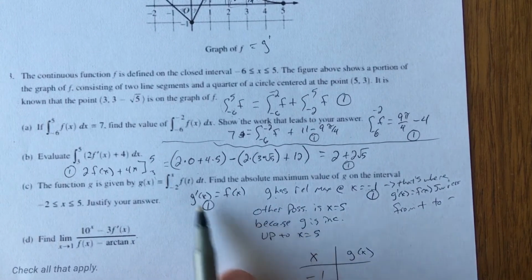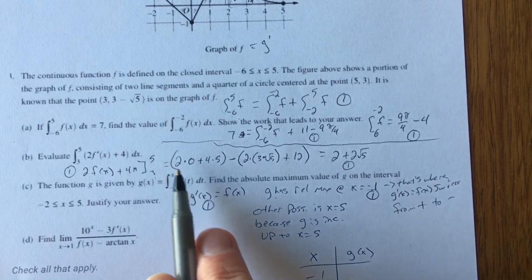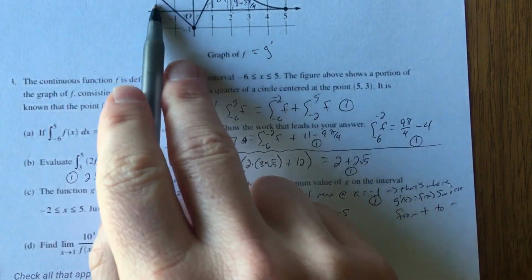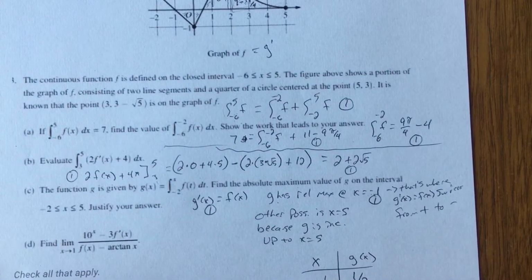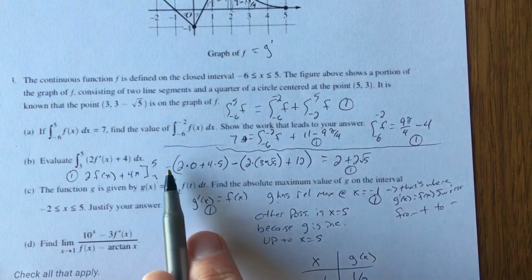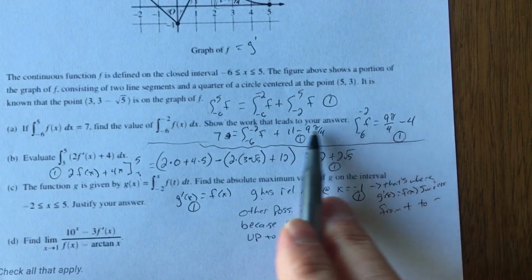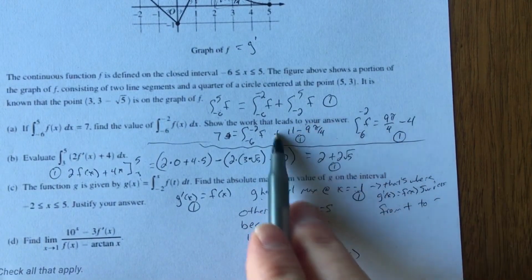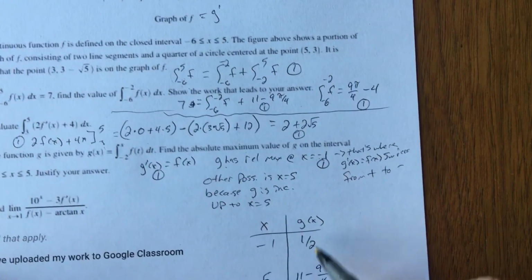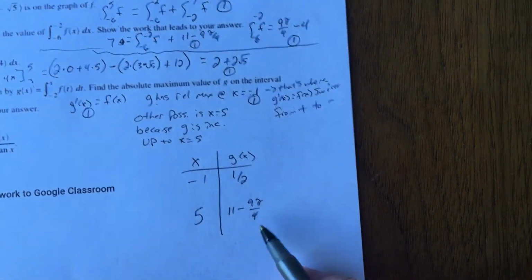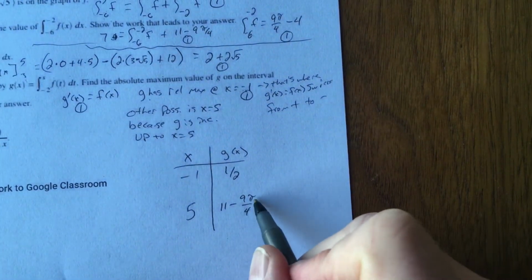So if we put -1 and we're going from -2 to -1, that's easy enough. That area is just going to be 1/2. Okay, but if we go from -2 to 5, well, that was actually done up here, right? That was 11 minus 9 pi over 4. All right, so now the question is, which one of these is bigger, right? So it's going to require a little bit of thinking through.